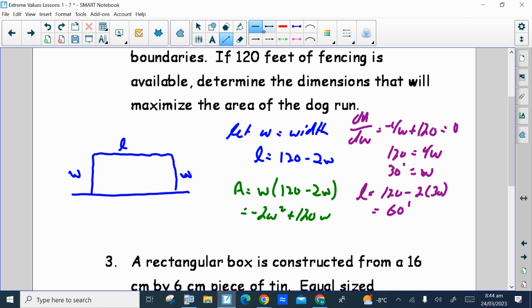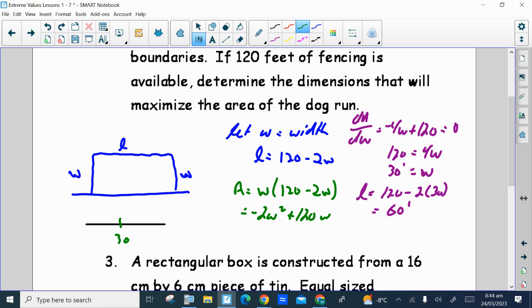But you can also confirm that by using something that we have been doing, and that is if you take your critical number here, the zero of the derivative was 30, and you see what the value of the derivative is on either side of 30.